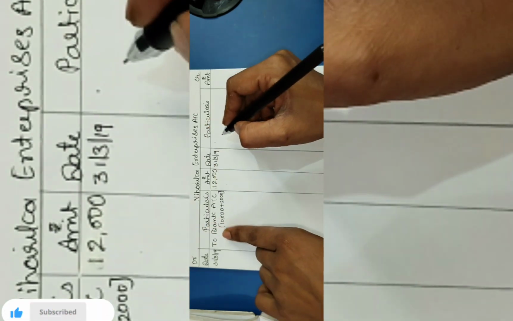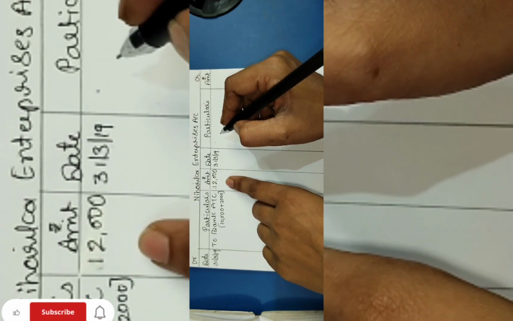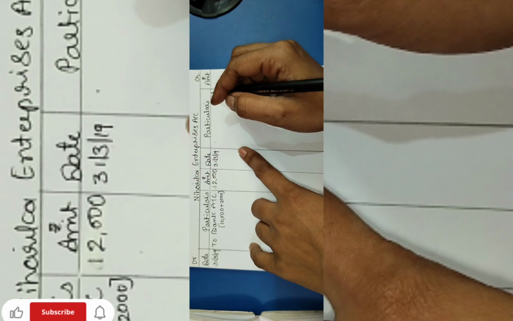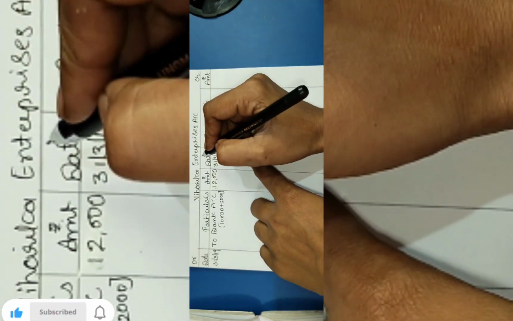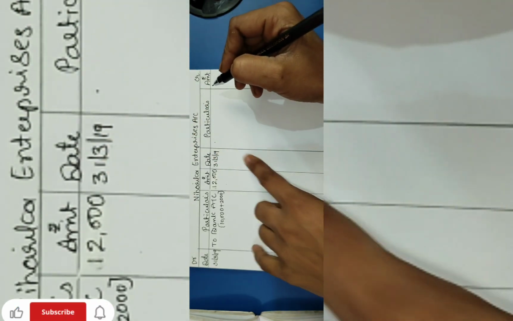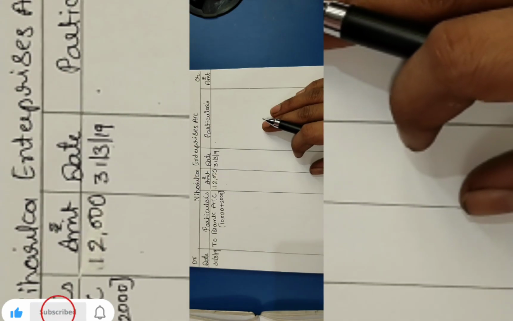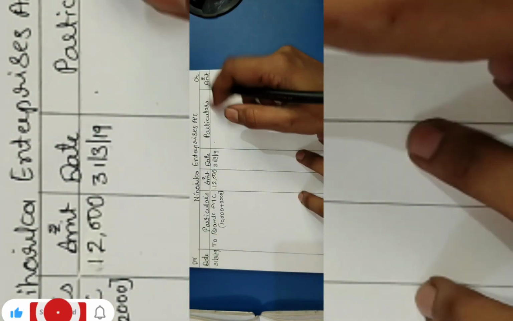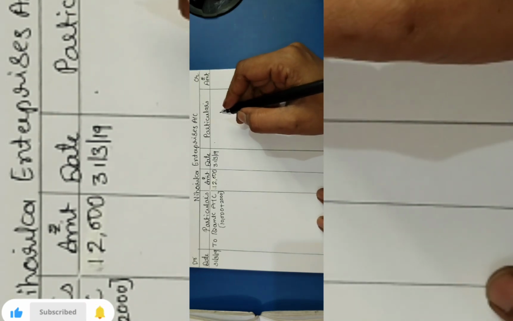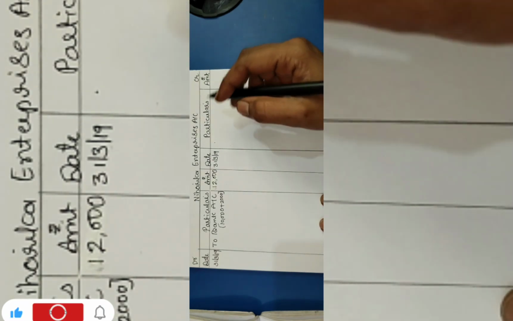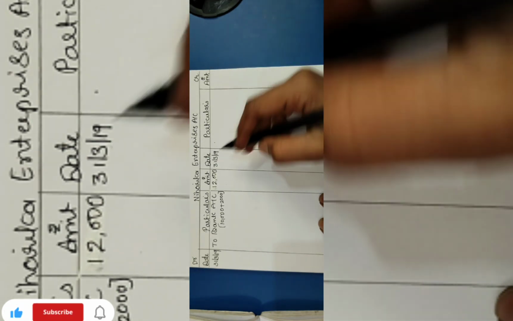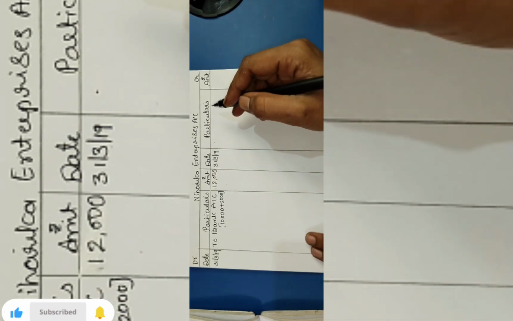And here the same entry for the purchase of the washing machine we have paid. This is the receipt entry we have passed. Now the due entry we record on the credit side. The first entry for due is the concerned asset: washing machine account debtor to Niharika Enterprises account.